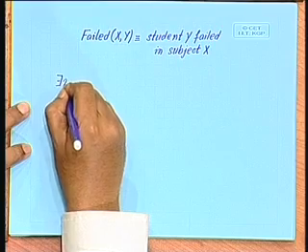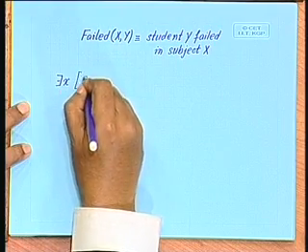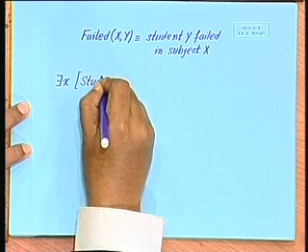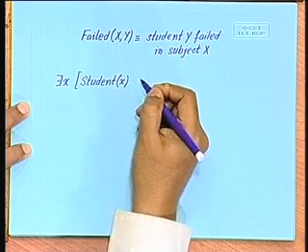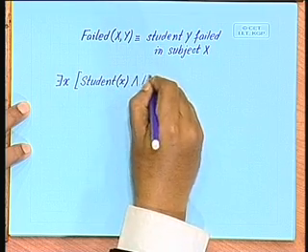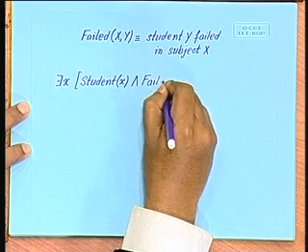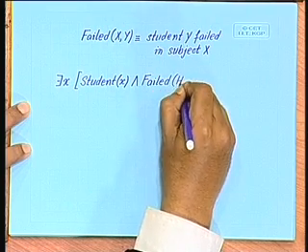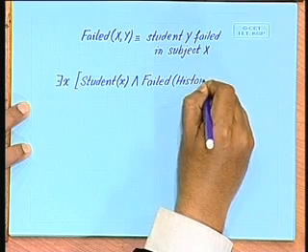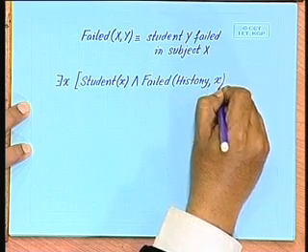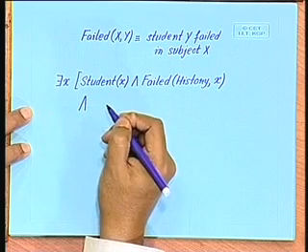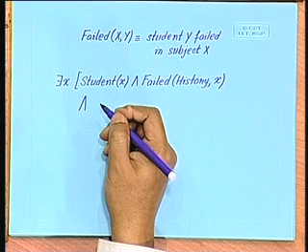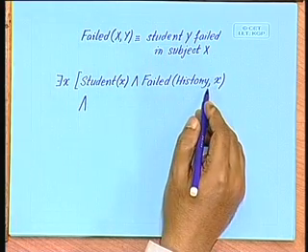So, we say that there exists x and we have student x, there is some student x, right, and failed history x, right, and now we have to express that for all the other students they did not fail in history.